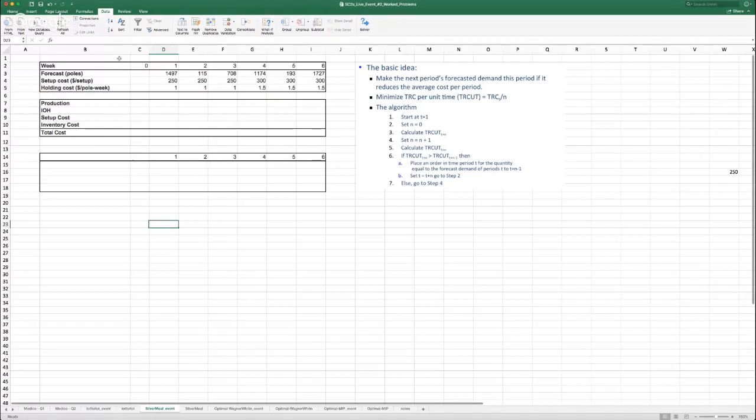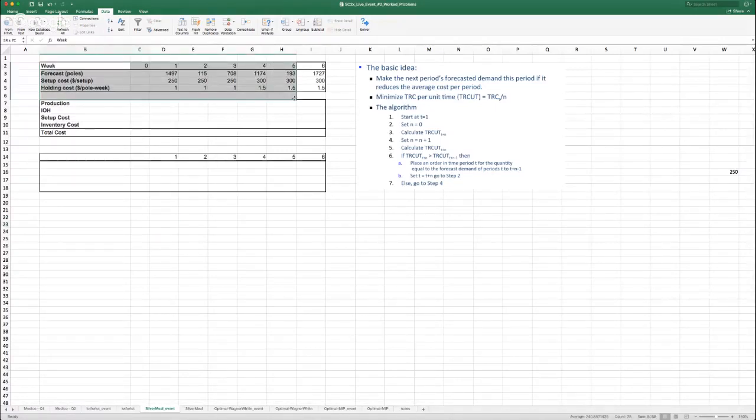Again, this is the same data that has been provided. Now the simple idea of the Silver-Meal method is that to figure out what to produce, we want to look into the forecast of the next period.